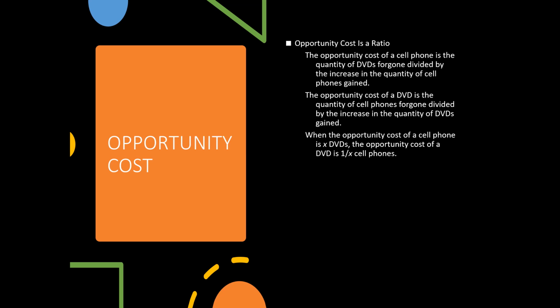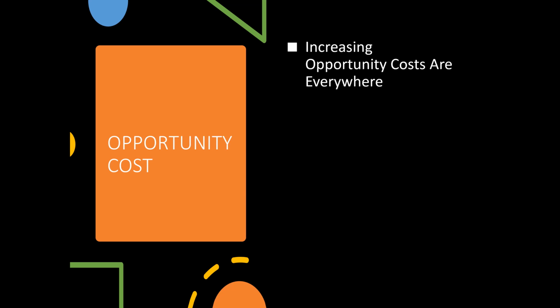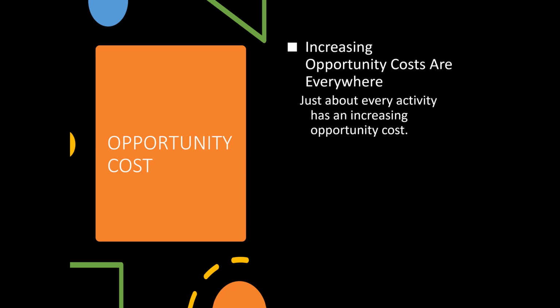So this concept is very important, and one important point is that when we start increasing the production of one commodity and decrease the production of the second commodity, our opportunity costs increase. So increasing opportunity costs are everywhere. Just about every activity has an increasing opportunity cost.